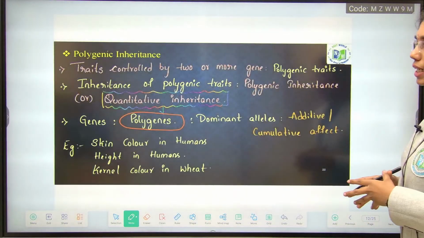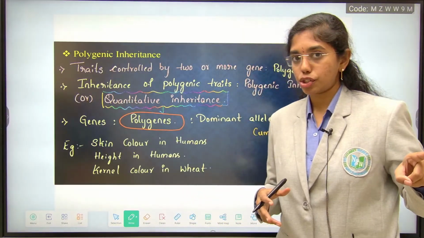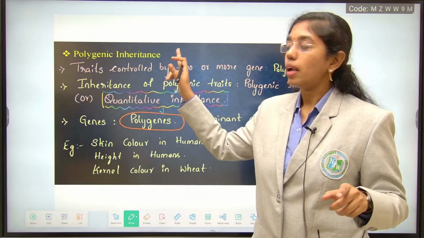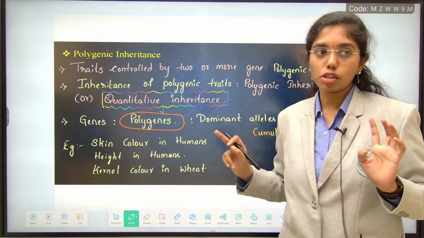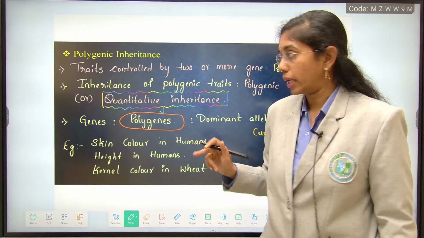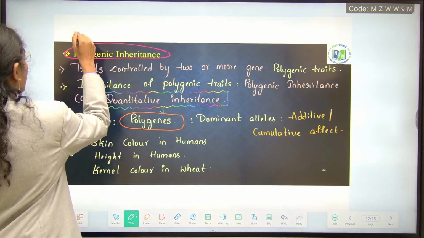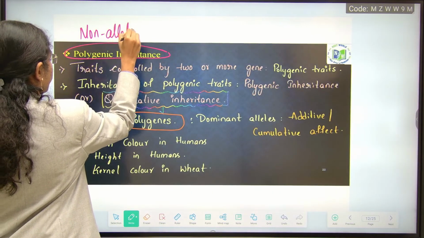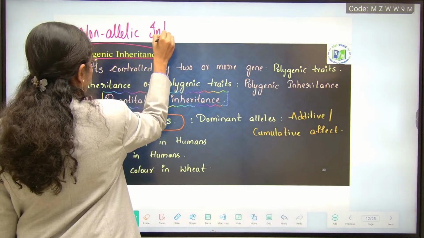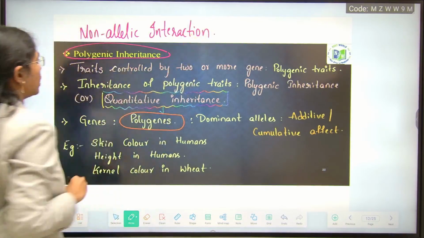Now polygenic inheritance. Like how we have intra-allelic interactions, here we are learning about non-allelic interactions, which deviate from Mendel's law of independent assortment. One such non-allelic interaction is polygenic inheritance.